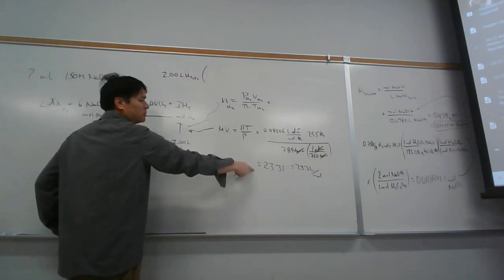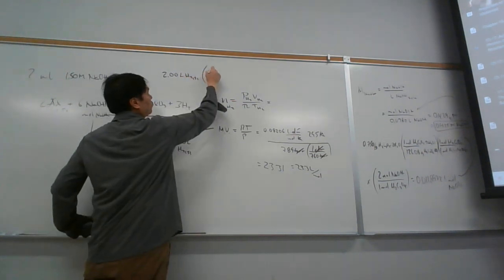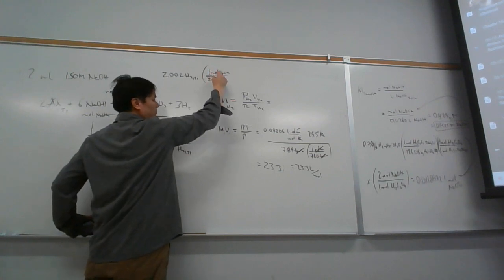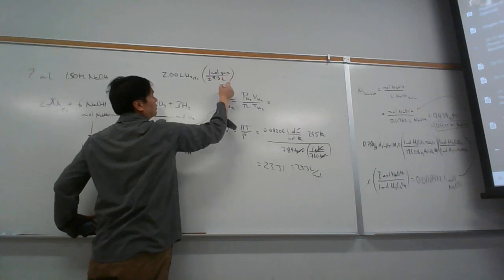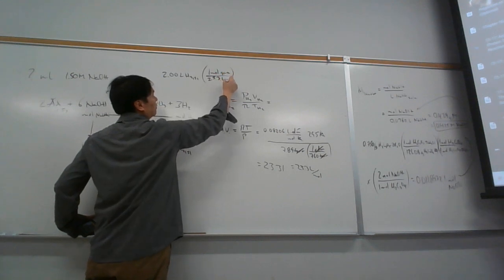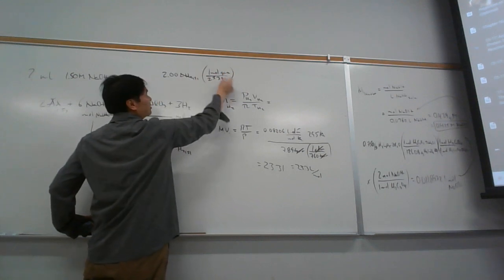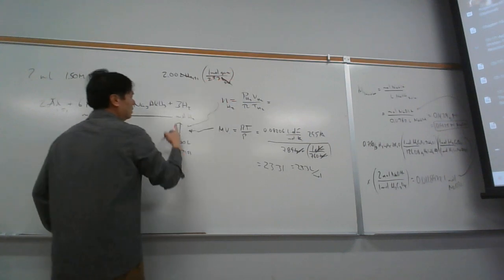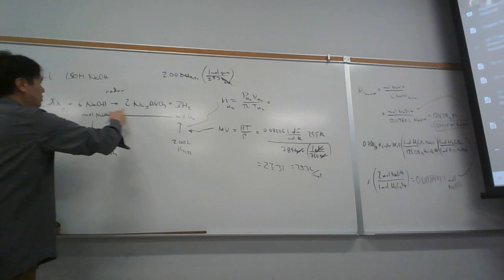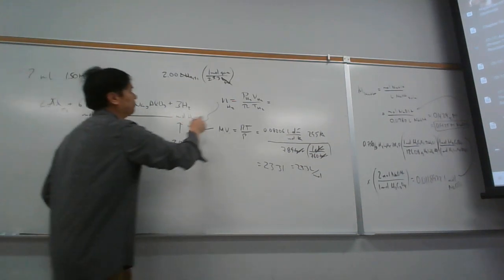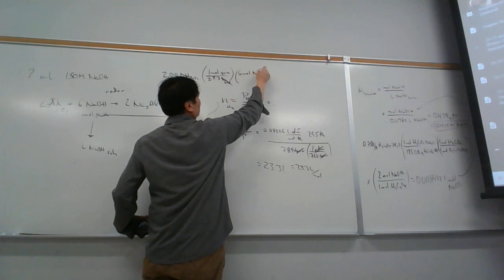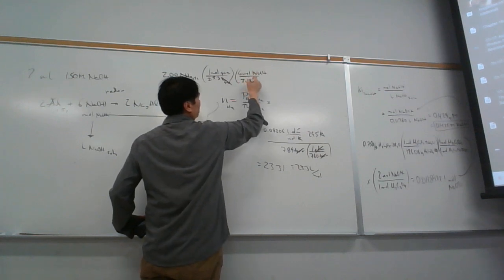And the molar volume is 23.3 liters per mole. So 1 mole of gas is 23.3 liters under these conditions. And so liters of hydrogen gas cancel. That gives us moles of hydrogen gas. And then it's a 3 to 6 mole ratio. So 6 moles of sodium hydroxide for every 3 moles of hydrogen.